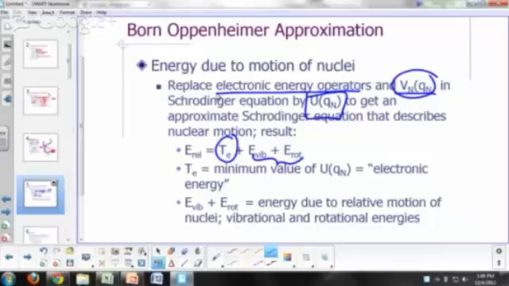Since we're dealing with just the internal, relative motion, it can be described as vibrational energy and rotational energy. The vibrational and rotational energy would be something you calculate once you have figured out the molecular potential energy.